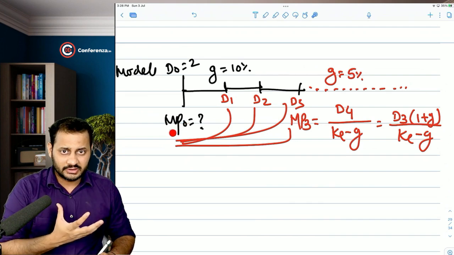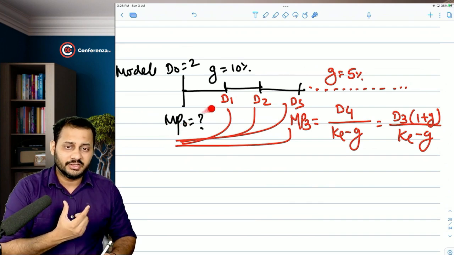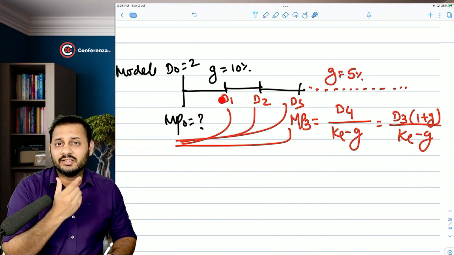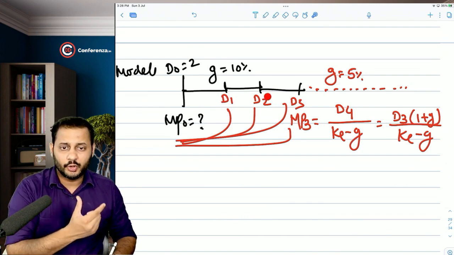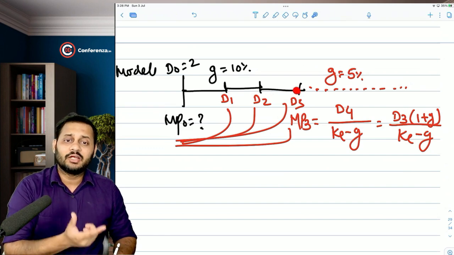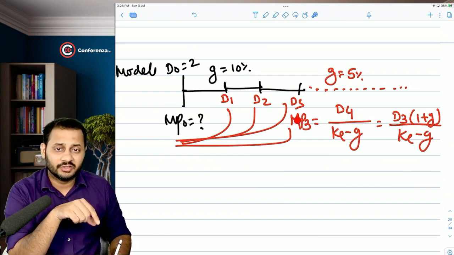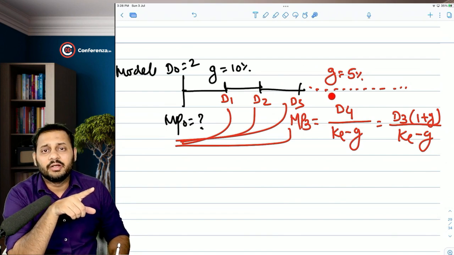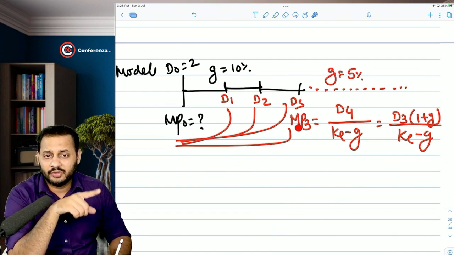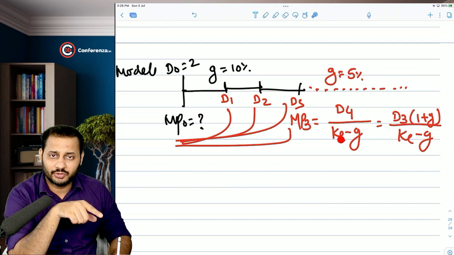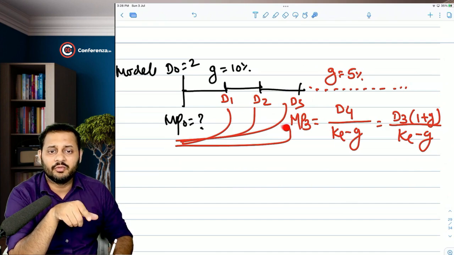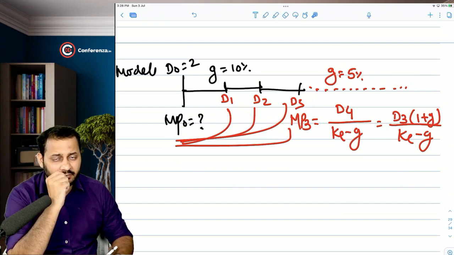So for this example, it comes down to calculating the present value of D1, D2, D3, and then calculating the market price at the end of third year. From where the perpetual period is starting, you will be calculating the market price using the Gordon's growth model, and then discounting that MP3 also with the third year factor.